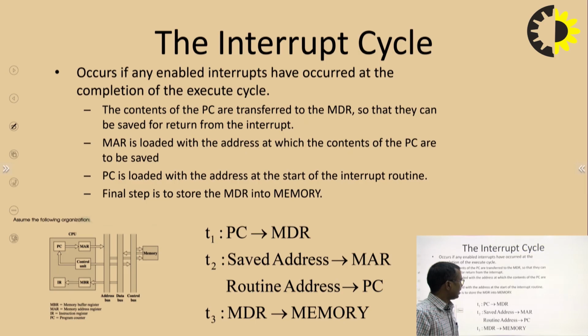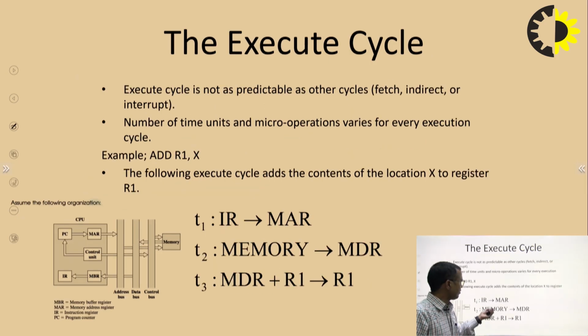Similarly, I have fetched the data after indirect, I will go for execute. In execution, basically what happens at T time, the content of IR will go to the MAR. Basically the number of time units of micro operations varies depending on the execution cycle, because it depends upon the fetch and indirect cycle.